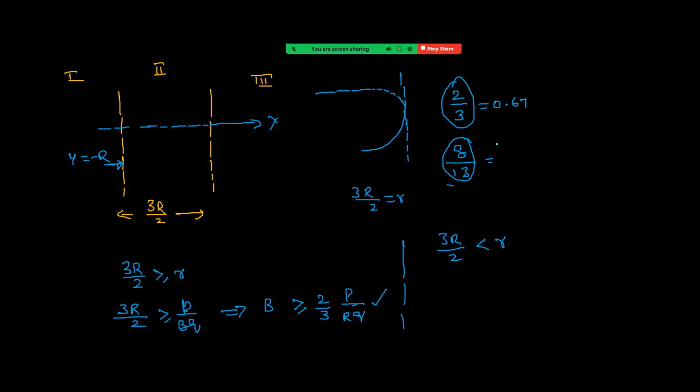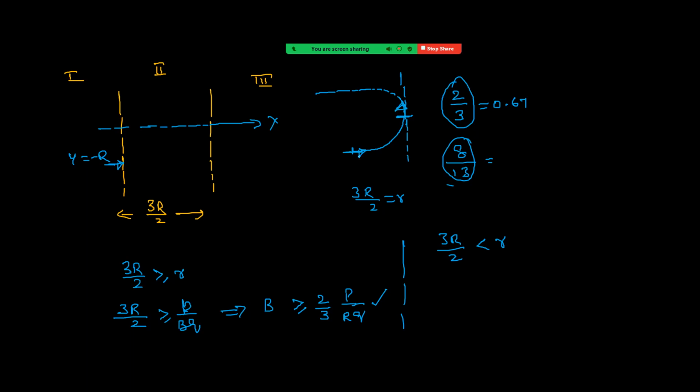Longest possible path means it has to follow a semicircular path. For example, this is now P1. Farthest point means the velocity vector is normal to its initial velocity vector. The direction is now like this.